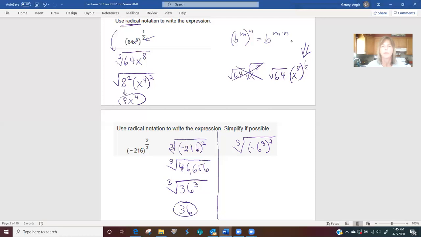I had it written down earlier: a to the m over n is the nth root of a to the m, but you can also put the m on the outside.